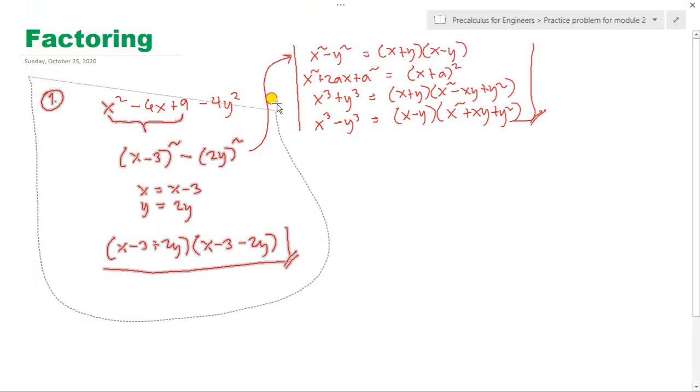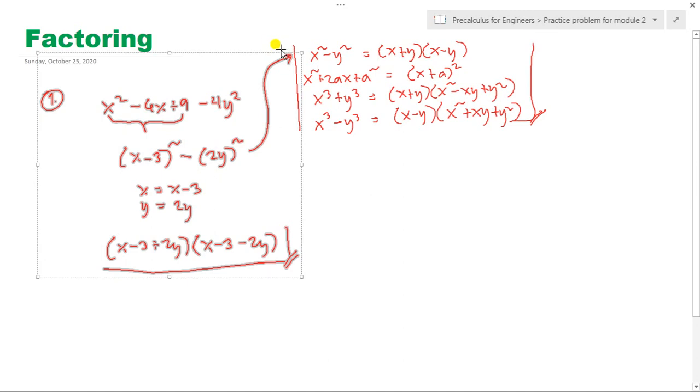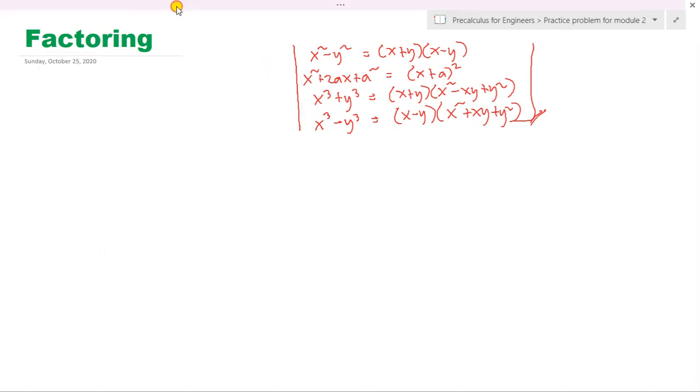Now another one, what if you are given this type of expression? Let's say you have 36x squared minus 9. So this one will look the same. Medyo meron siyang kahawig sa x squared minus y squared, so difference of two squares.